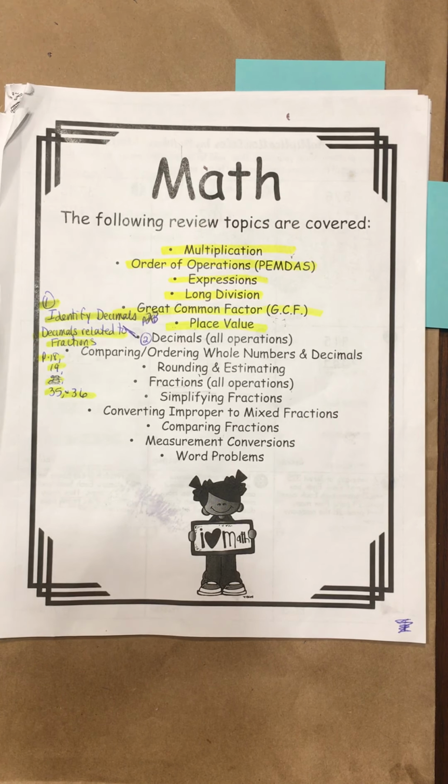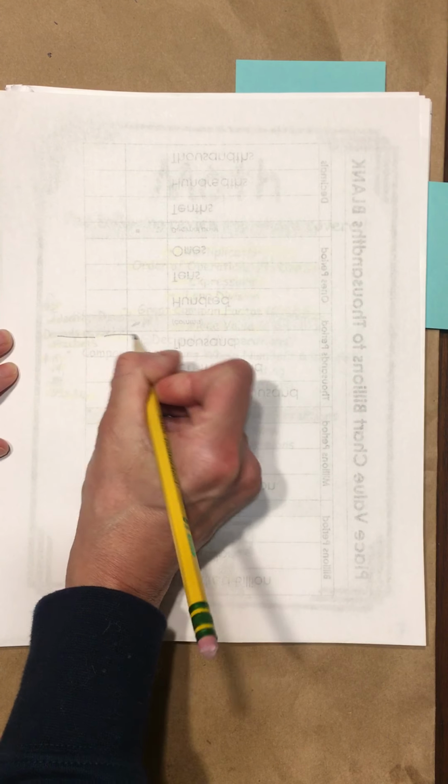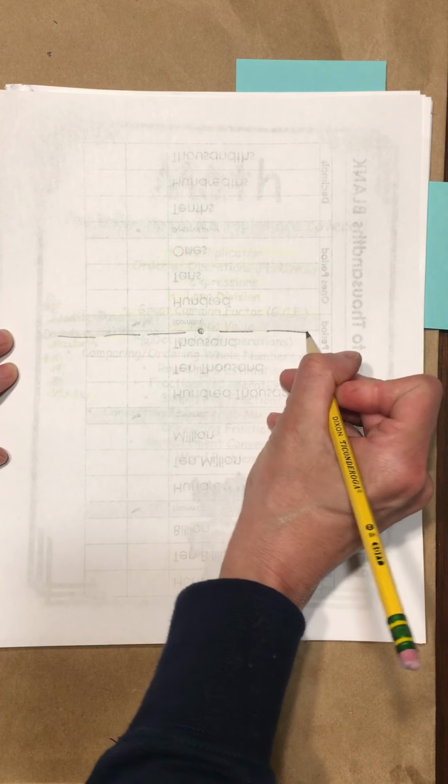What I want us to start with first is just a quick mental review. If you have a little piece of paper, make a couple of lines: 1, 2, 3, decimal point, 1, 2, 3.